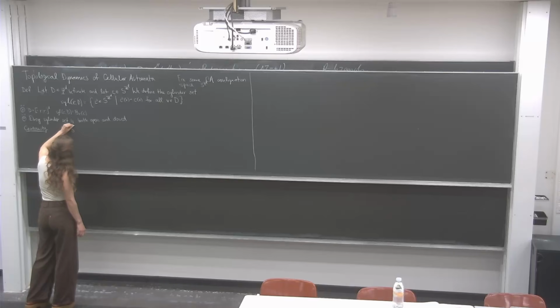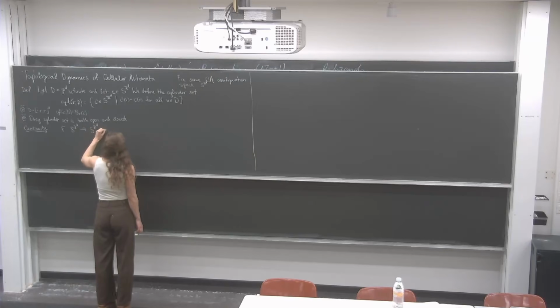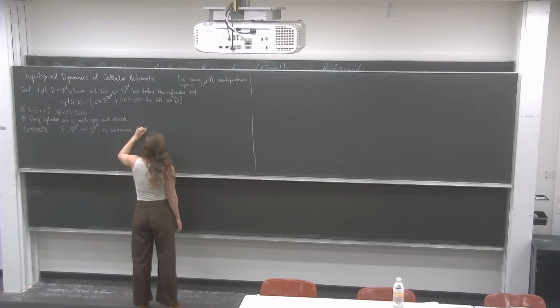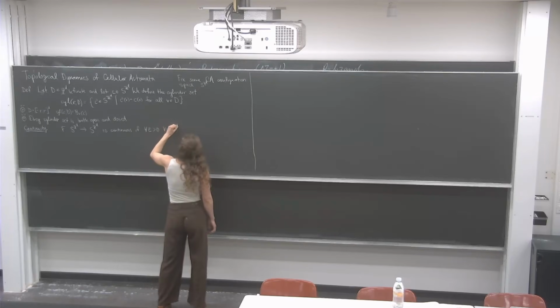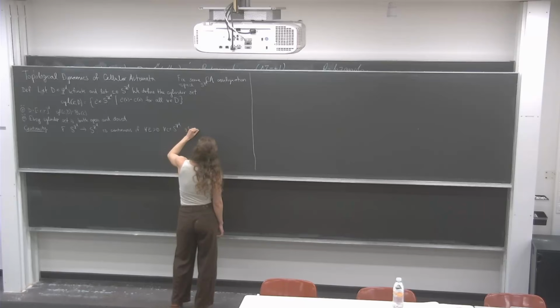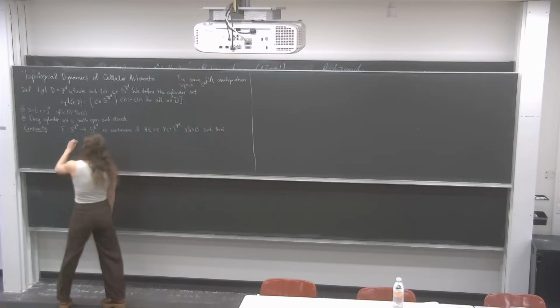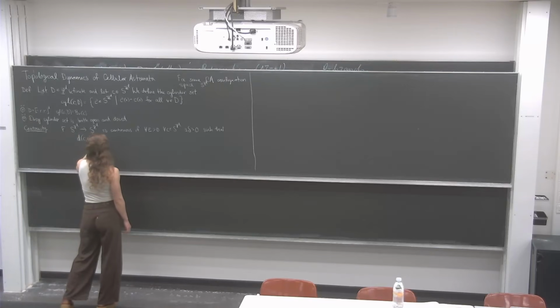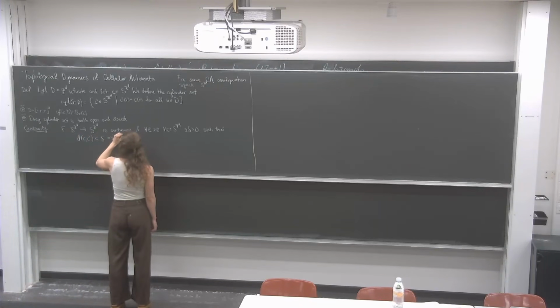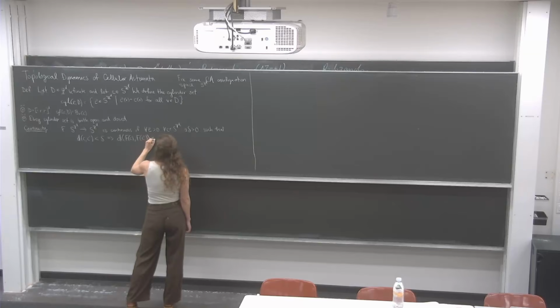A self-map F is continuous if for all epsilon and for all C there exists a delta such that if the distance of a configuration from C is less than delta, then the image distance is less than epsilon.